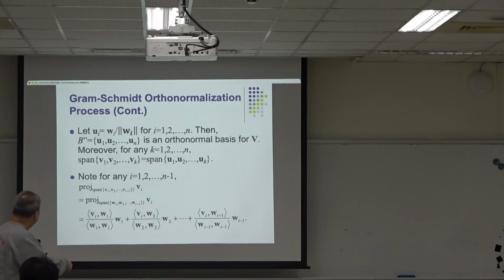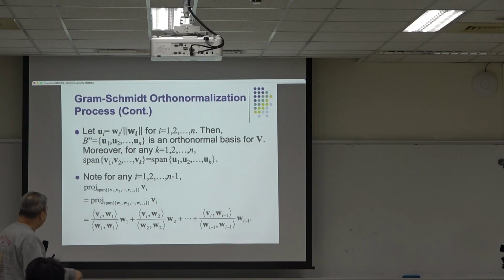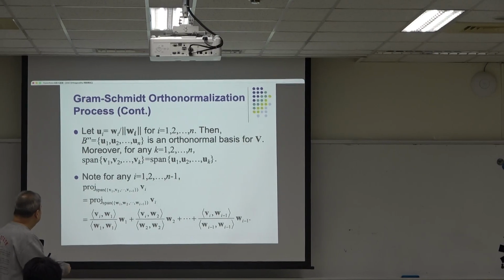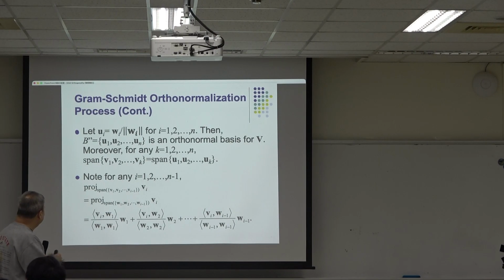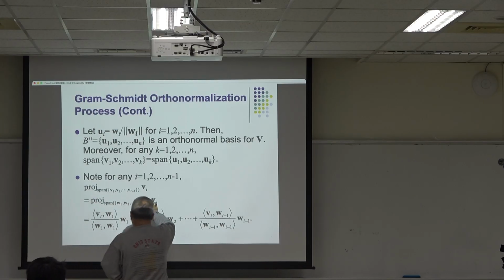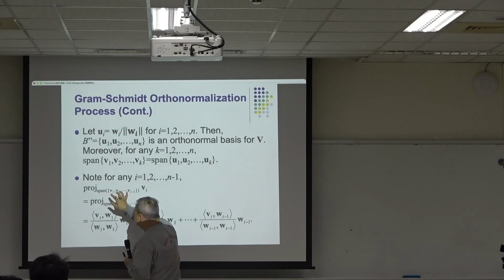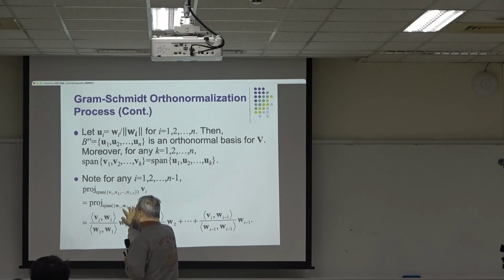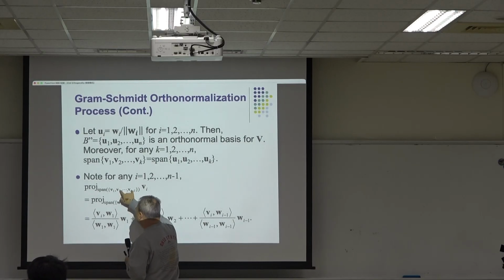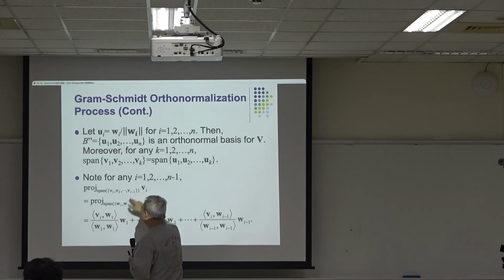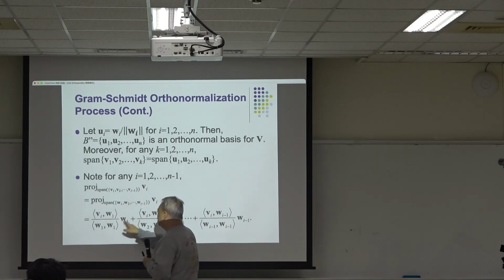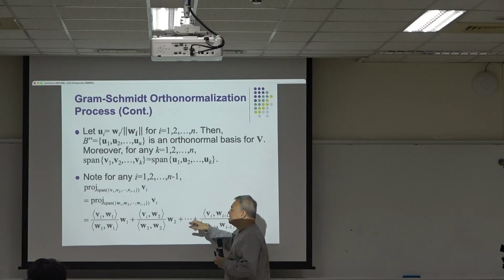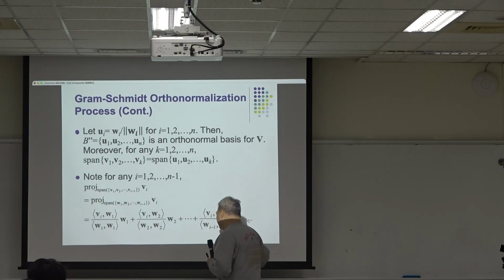So, this projection I already explained, right? Projection of vi onto v1 to vi minus 1. If you try to project vi onto this one, because the span of this one is the same as the span of this one, and this is orthogonal, you can represent this projection by this.